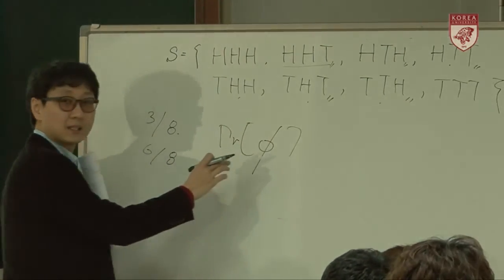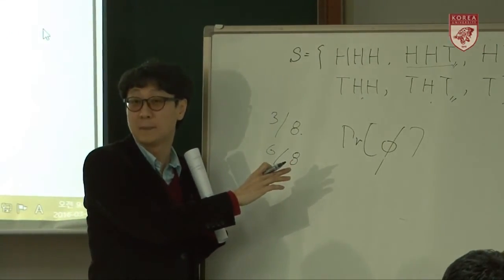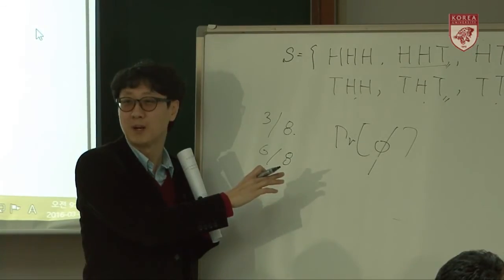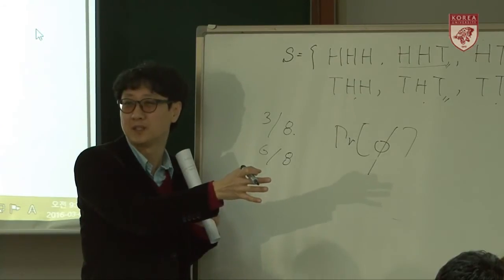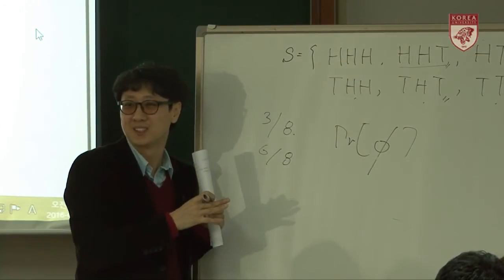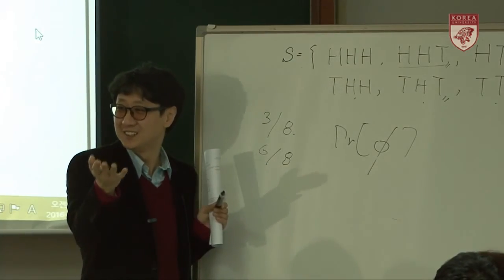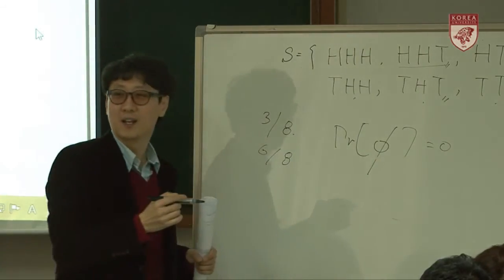Because the null set is a set, it is already a subset of the whole sample space, right? So it should have its own probability, its own mapped number. What is the mapped number? Intuitively, 0. Mathematically, how do we prove it?